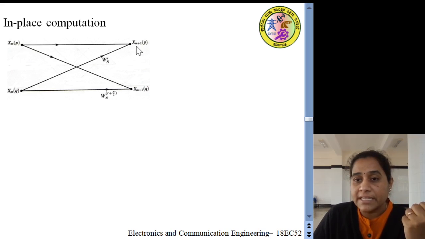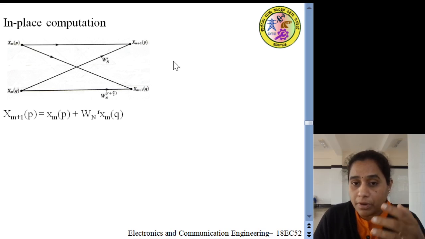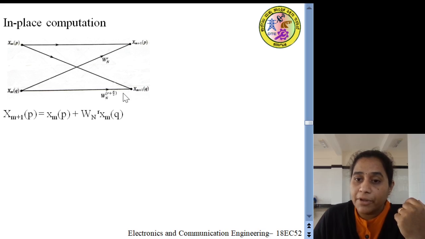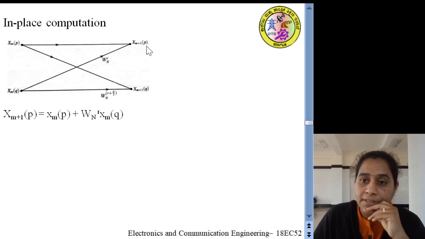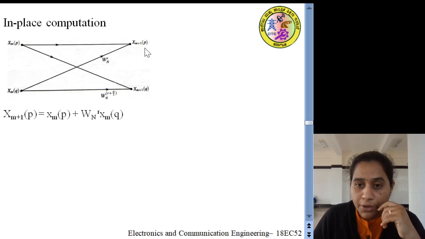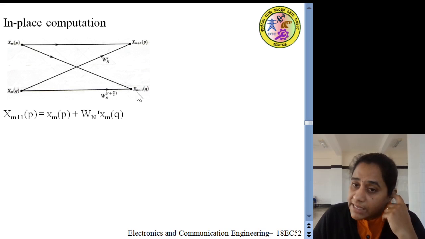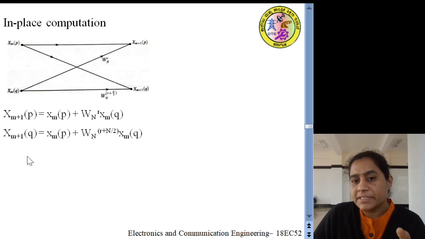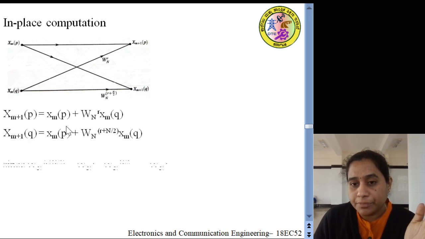The outputs we obtain are x_(m+1) of p, which is equal to x_m of p plus W_N raised to the power r into x_m of q, and x_(m+1) of q, which is equal to x_m of p plus W_N raised to the power r plus N by 2 into x_m of q. So these two represent outputs and these two represent inputs.